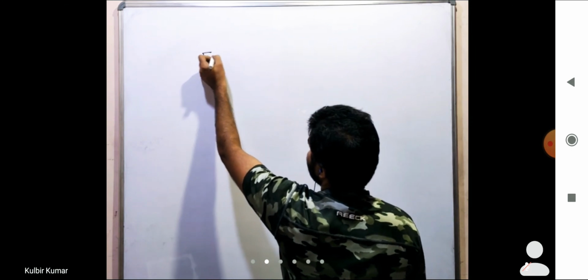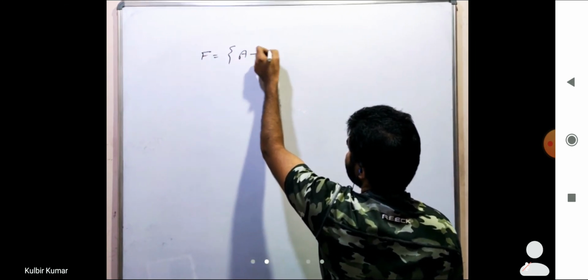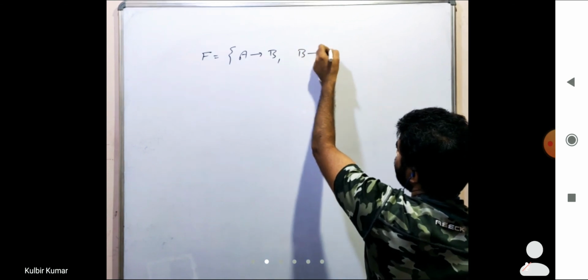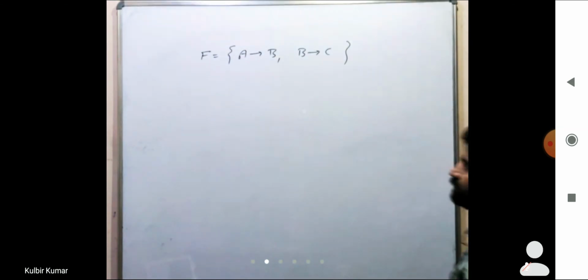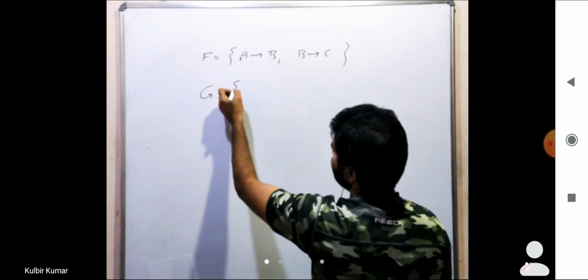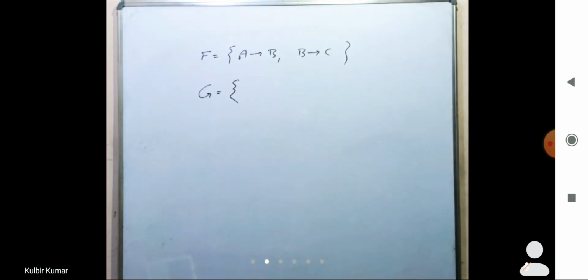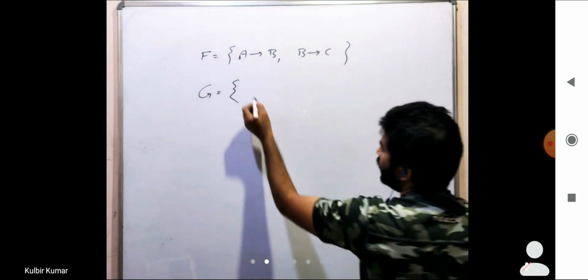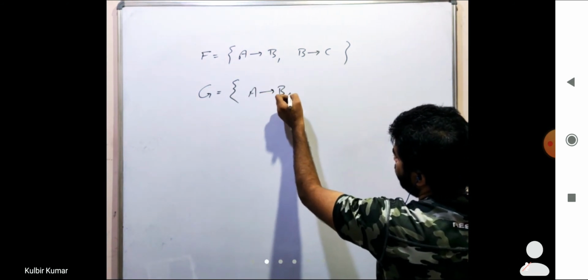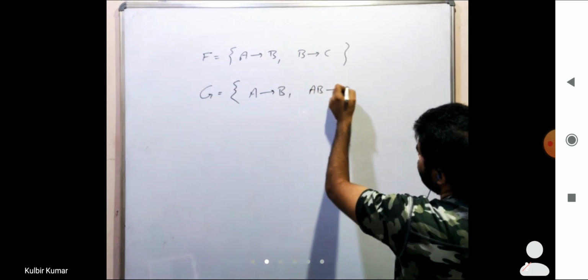So functional dependencies are given as F equal to A goes to B, B goes to C, and G equal to A goes to B and AB goes to C, assume.